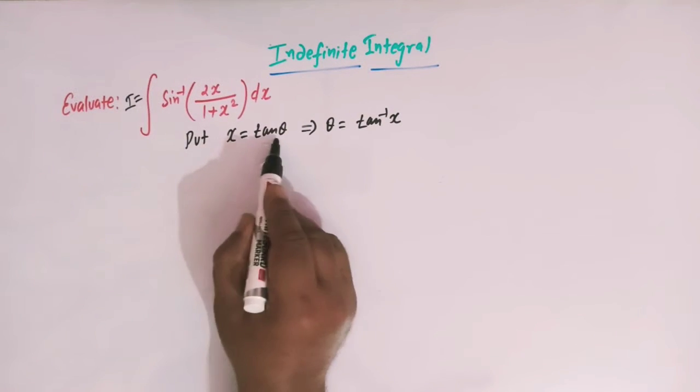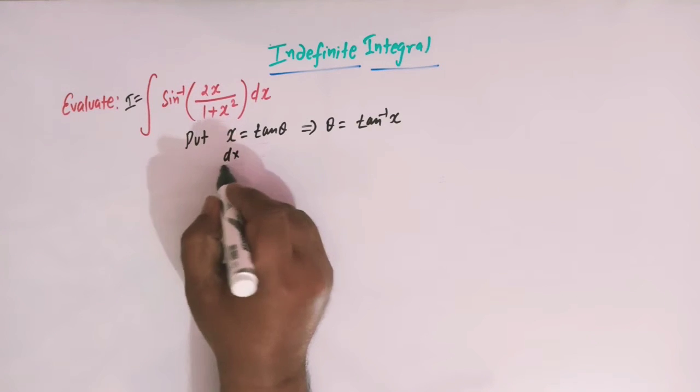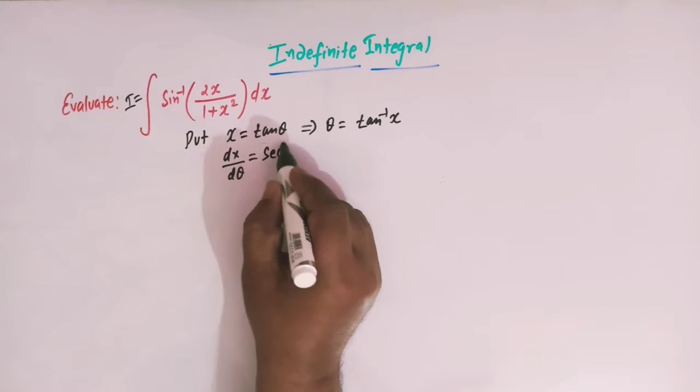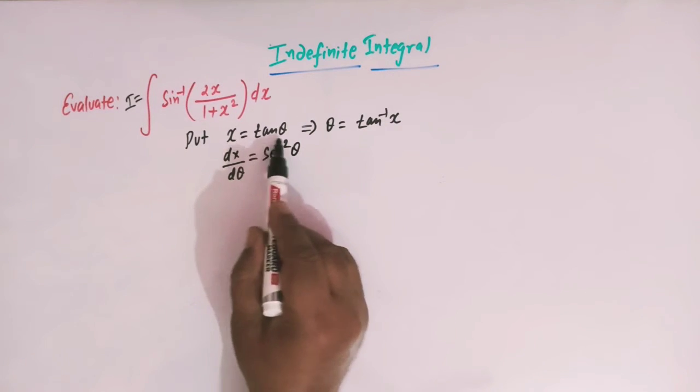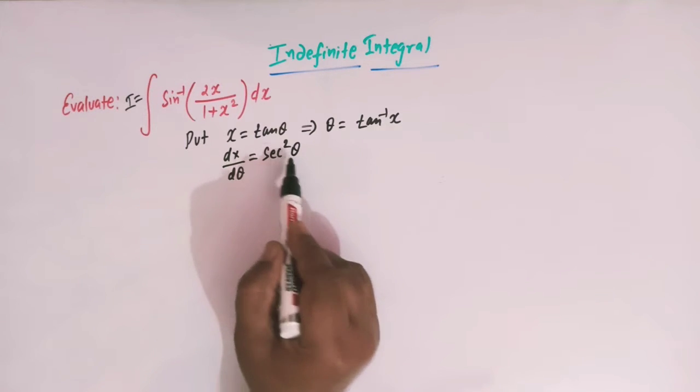Now if we differentiate both sides, that is, if we write dx over d theta, then we have secant square theta, because the derivative of tan theta is secant square theta.